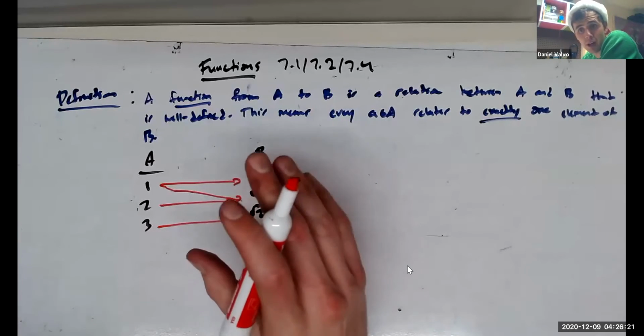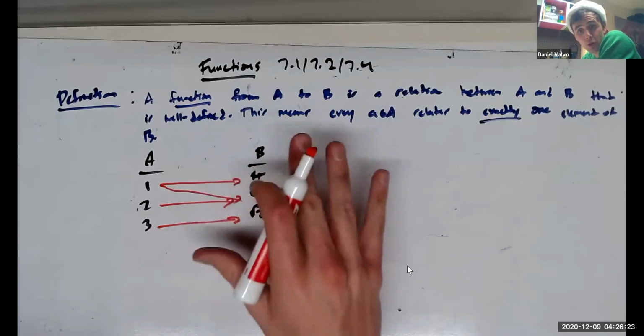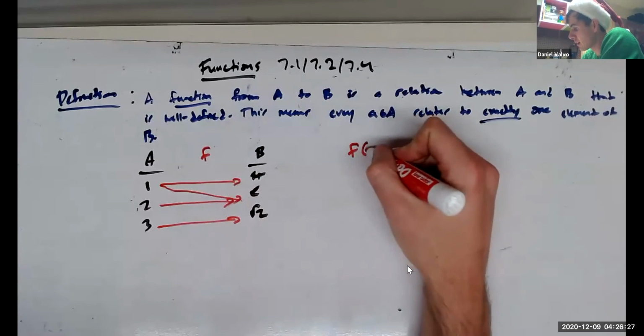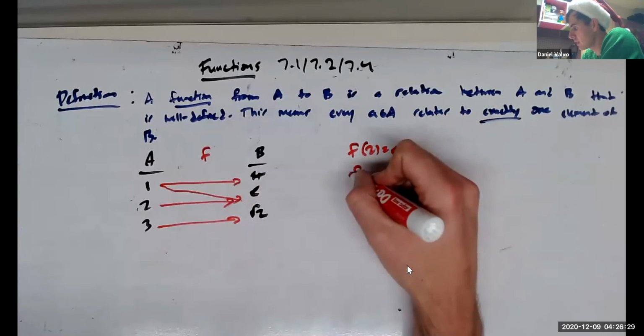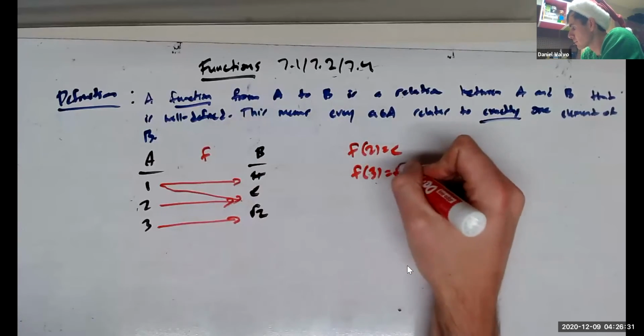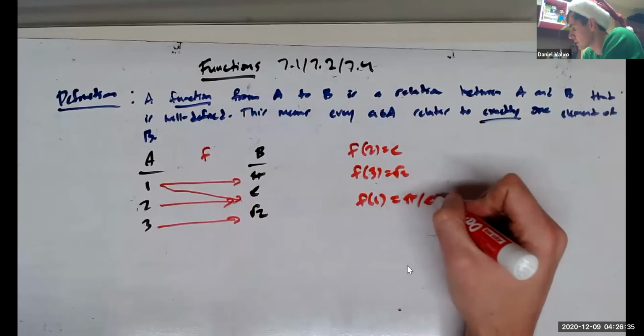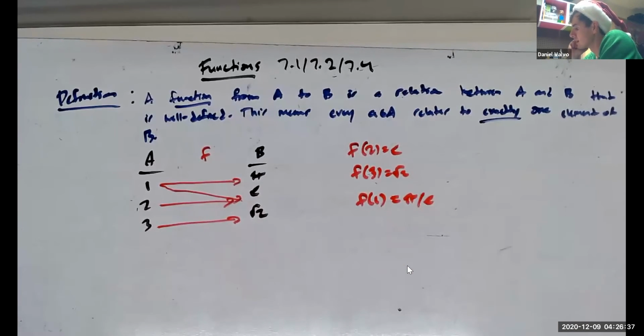Is the function defined by this well defined? And notice what I mean by the function defined by this is I literally mean that f of 2 equals e, f of 3 equals the square root of 2, and f of 1 equals pi and e. That's not divided by, it goes to both. So is this well defined?